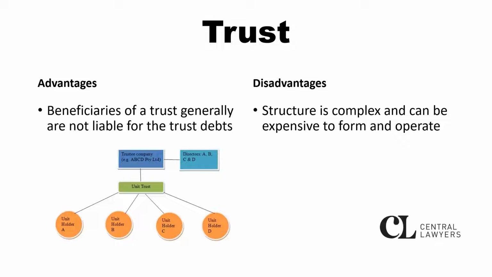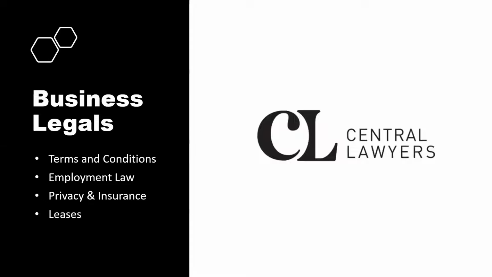It is easier to raise money, and there are financial tax benefits. It's also used a lot for asset protection. As for the disadvantages, you wouldn't be in a rush to get into this structure because it's very expensive and complex with a lot more regulation. So let's go to the next topic, really, just going over some business legals.